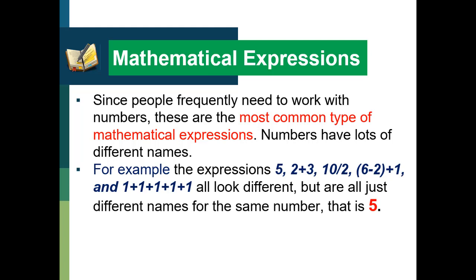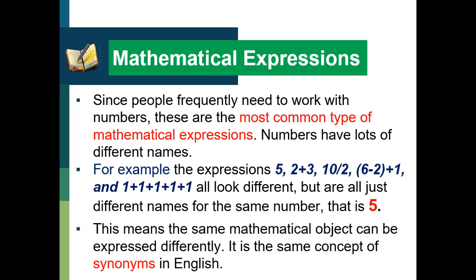See, in mathematics, you can name 5 with different expressions. 2 plus 3 is also 5, 10 over 2 is also 5, the quantity 6 minus 2 plus 1 is also 5, and adding 5 ones will give you 5.